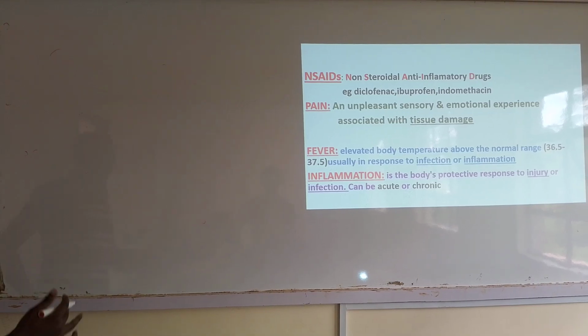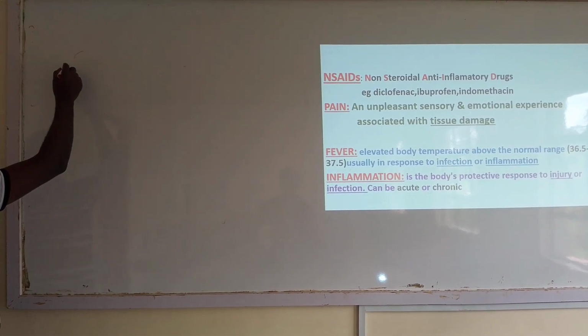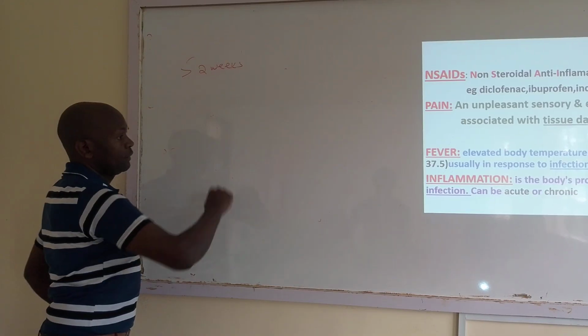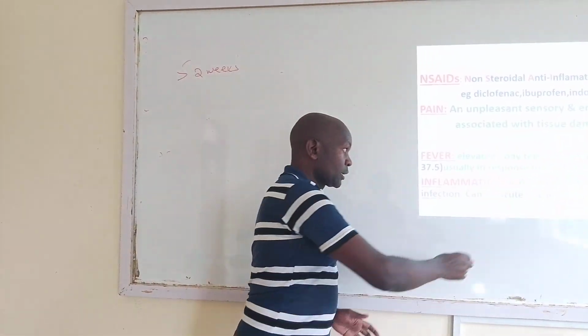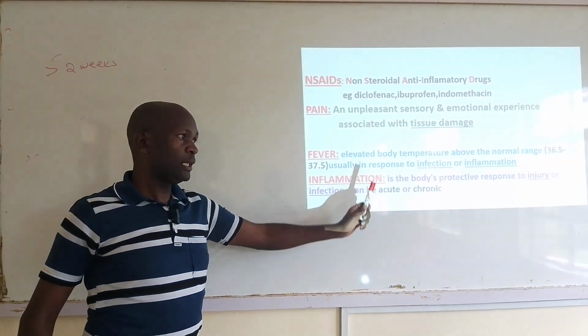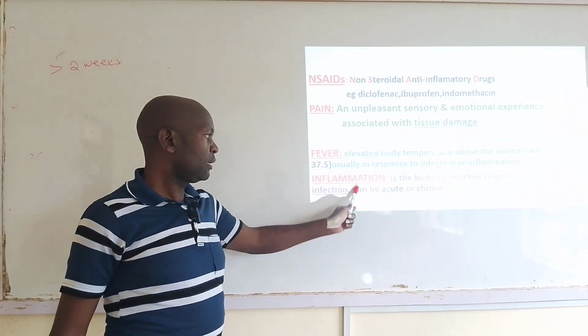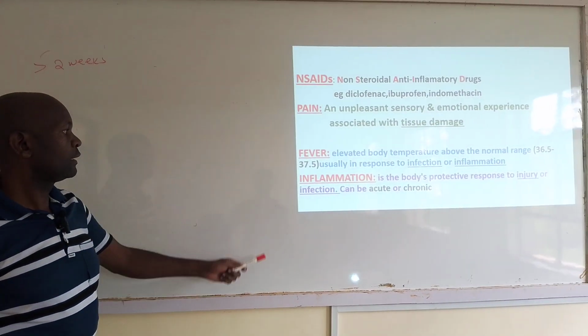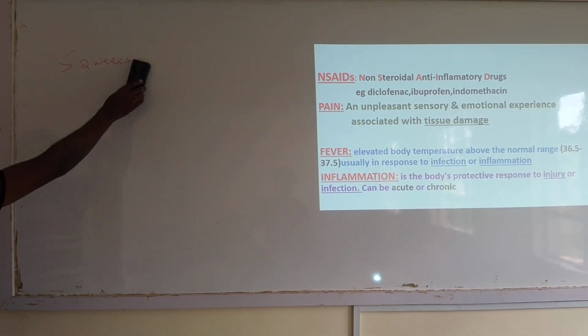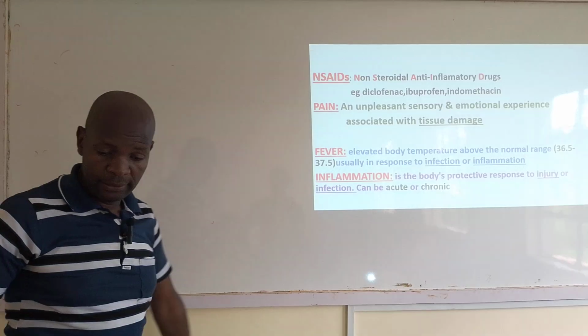So if the stimuli persists beyond 2 weeks, then this inflammation becomes chronic. So we are saying acute is rapid and it's less than 2 weeks. If it persists beyond 2 weeks, then the condition becomes chronic.